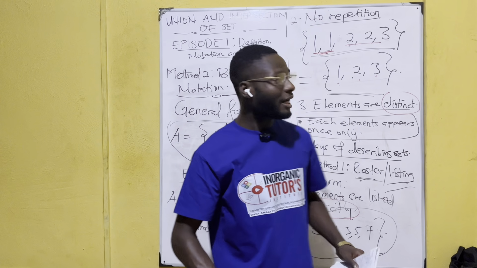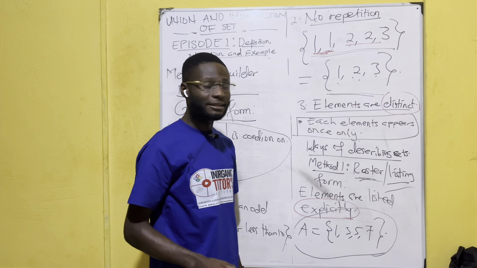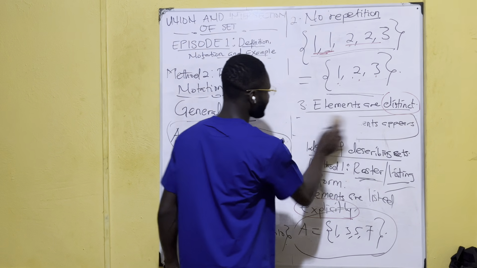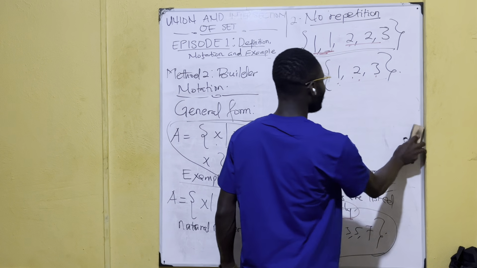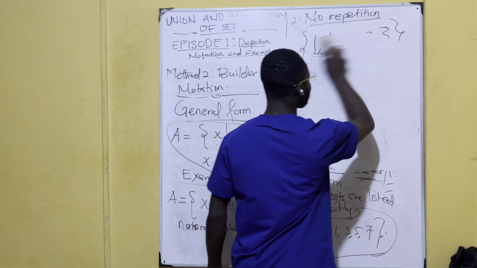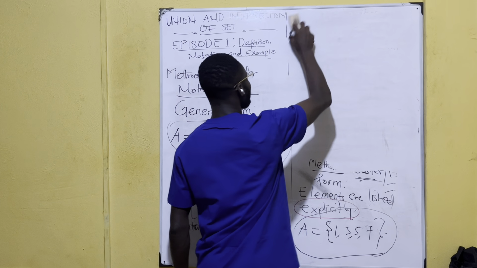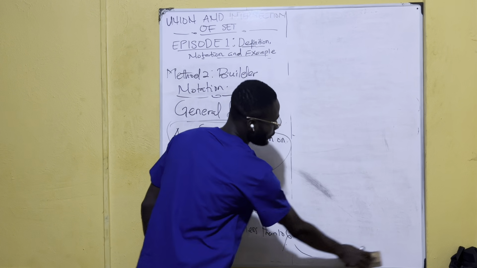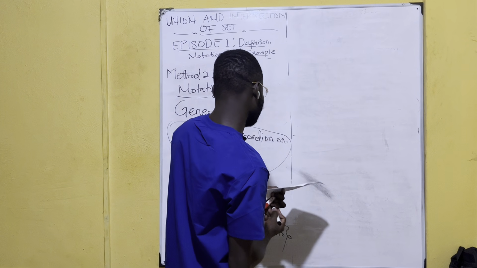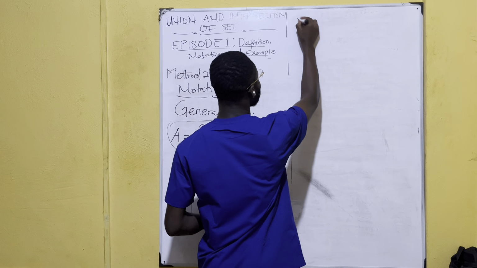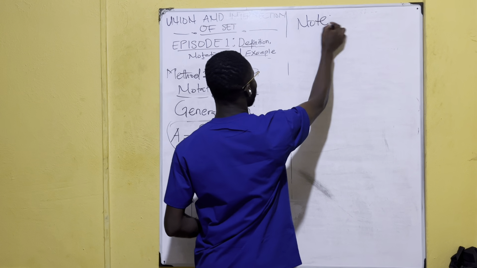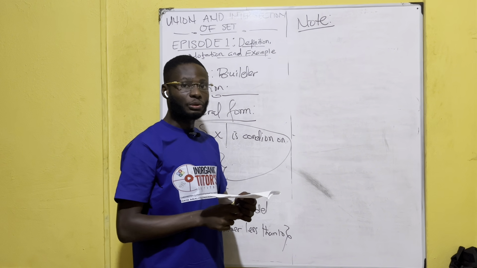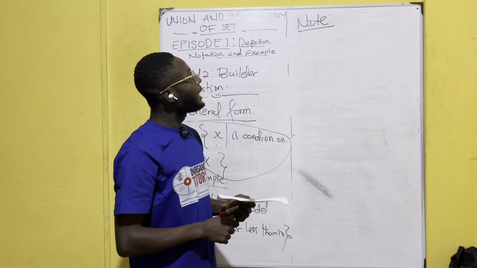Now, let's look at some key important things before we move on to the standard sets. So take note of this. I'm coming to write for you. Some important notes that you have to look at.